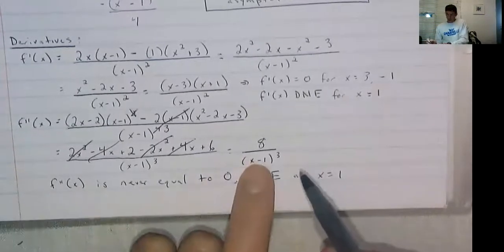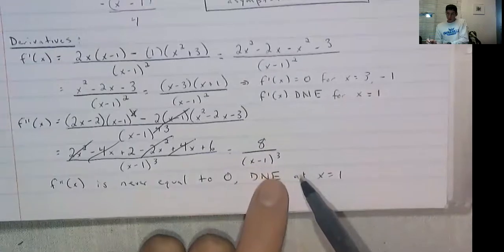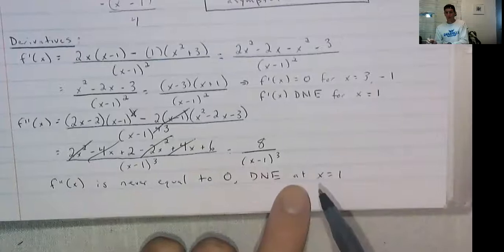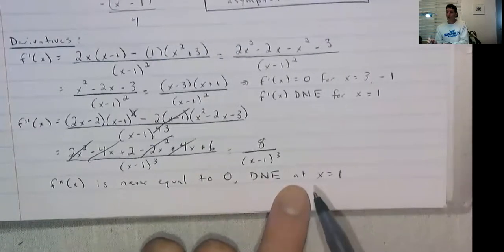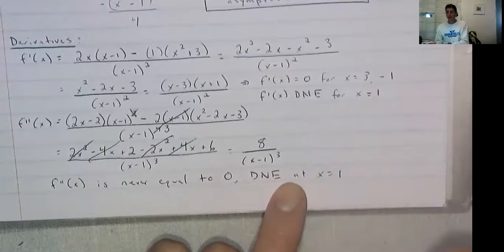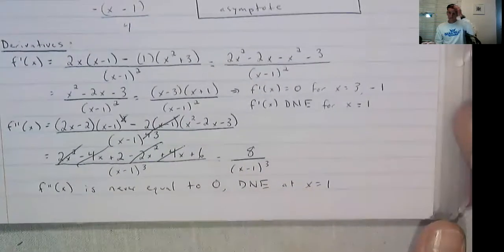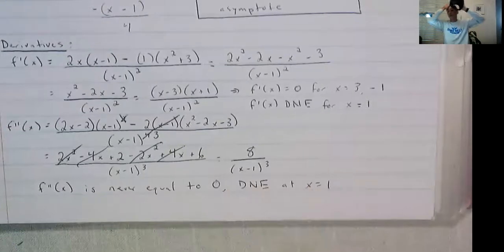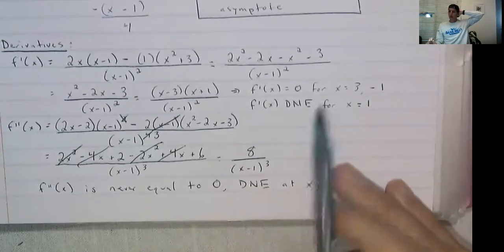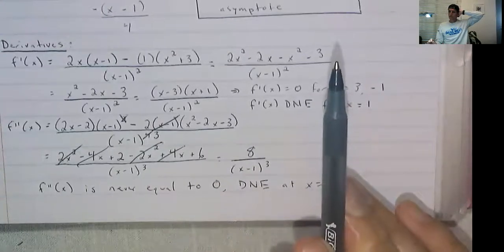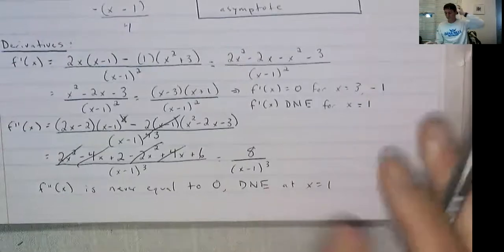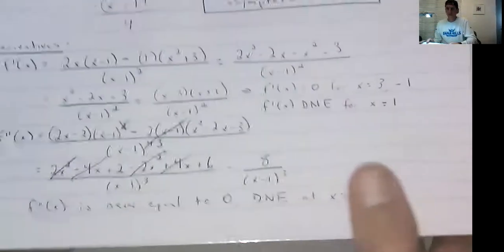Because there's no points where it's zero, and furthermore, the place where it doesn't exist that could technically be a point of inflection, well, there's no tangent line at that point, which is a condition of a point of inflection, is the existence of a tangent line. Clearly there is no, well, I shouldn't say that. We will see. We will see. But our hunch is that there is not.